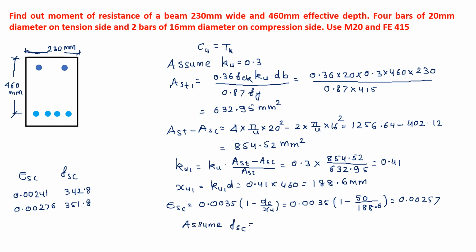You can interpolate, but I have assumed fsc as 347 Newton per mm square. Accordingly, you can consider 345. Instead of going for interpolation, because we are going to assume this value, we are going to use the formula.